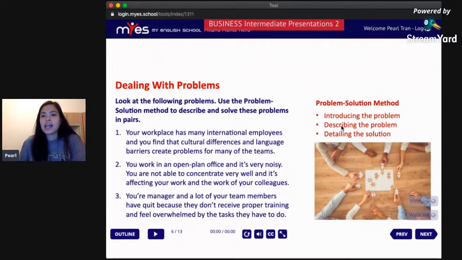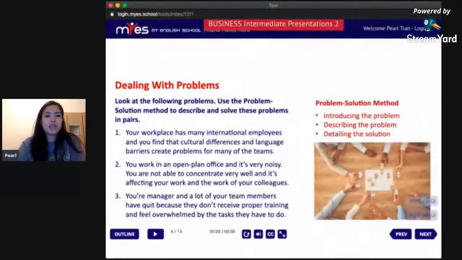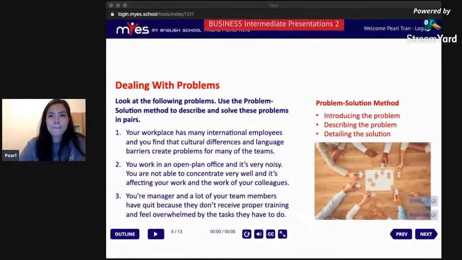So, what type of solution can we provide for this type of problem? So in the chat, tell me your ideas to solve the problem for number two, which is it is too noisy and you can't concentrate.